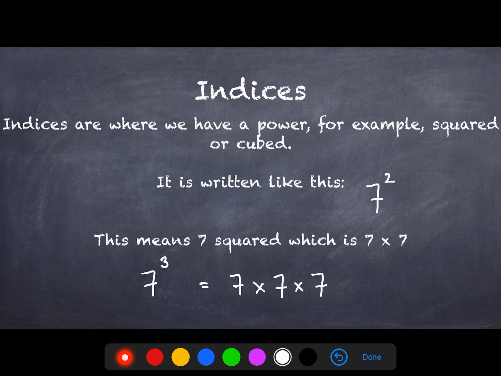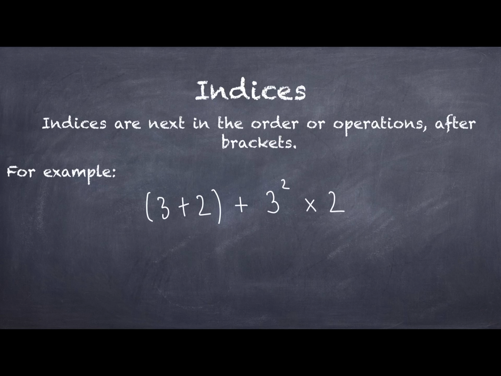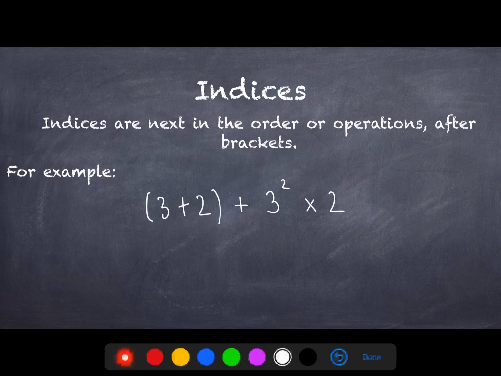So that is the I in BIDMAS. So we've got the brackets, the B. We're now down to the I, that's indices. So they're next in order of operations after the brackets, like I've just said. So, for example, this question here. I'm going to write that BIDMAS back up in the corner just to get in the habit of doing it so I don't slip up.